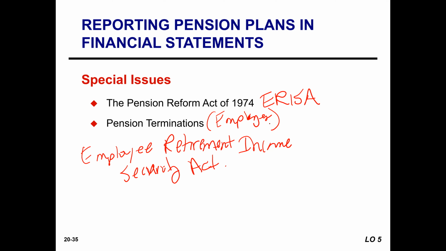So again, just some issues when terminating this plan. It says ERISA prevents companies from recapturing excess assets until they pay participants what is owed to them, and then they can terminate the plan. And again, just some of those issues associated with plan termination.